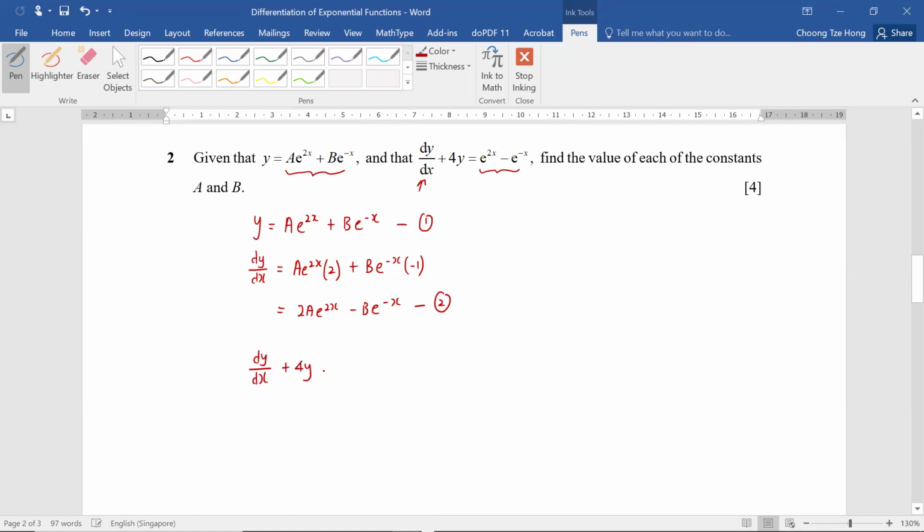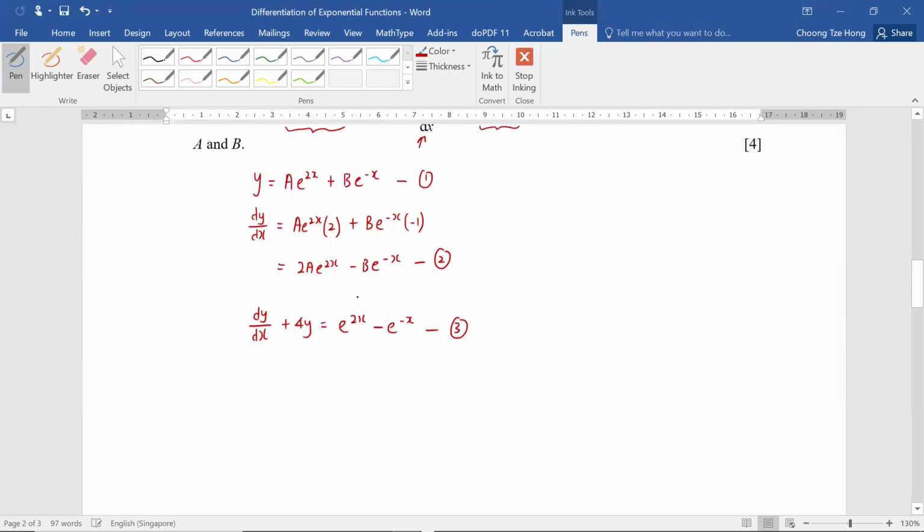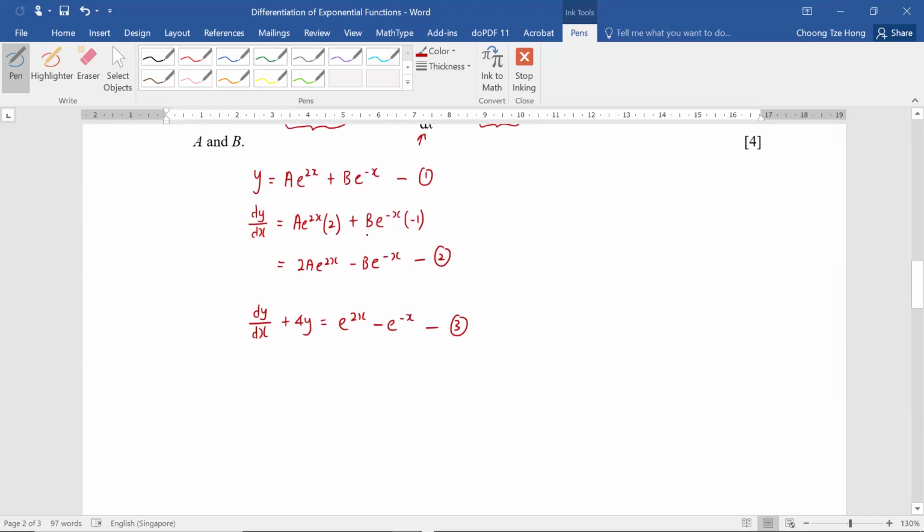Then let's sub 1 and 2 into 3, and see whether we can do any comparison to find a and b. This is perhaps the only thing you can possibly do to proceed forward in this question. There's nothing else much that you can do. So let's do the substitution.